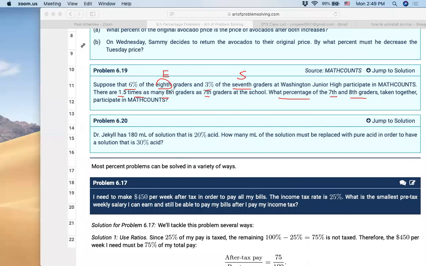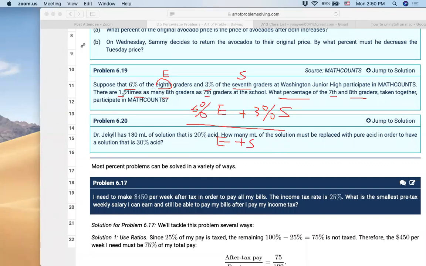So 6% of 8th graders is 6% times E, plus 3% times S. This gives you the total number of 7th and 8th students participating in Math Counts. Then divide by E plus S, the total number of 7th and 8th grade students.